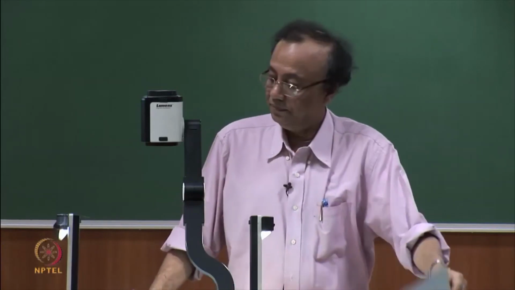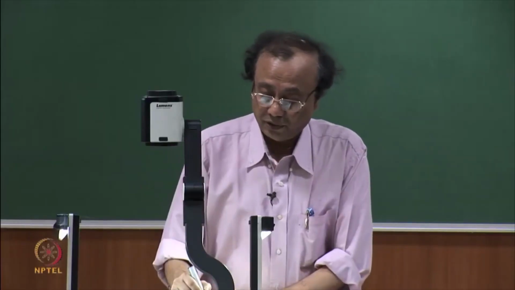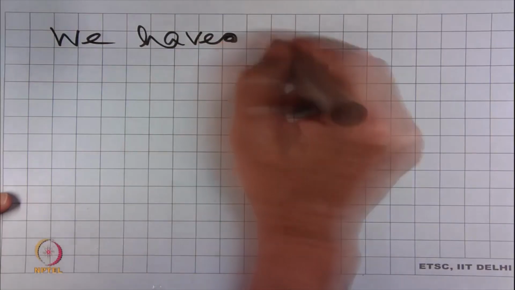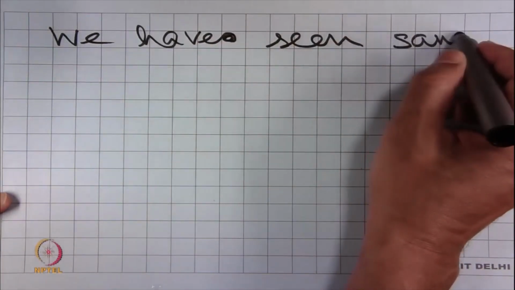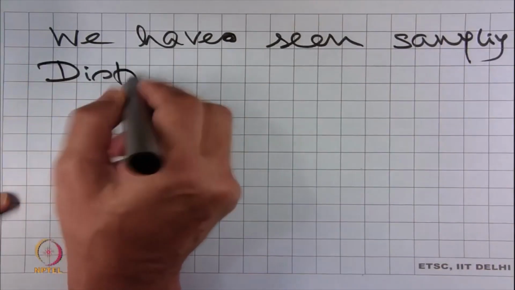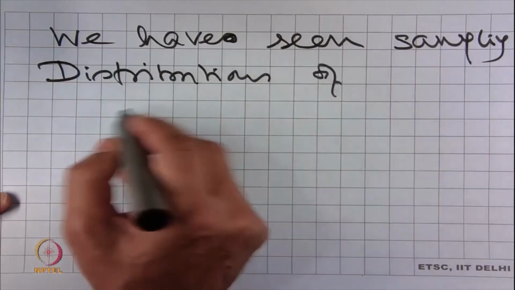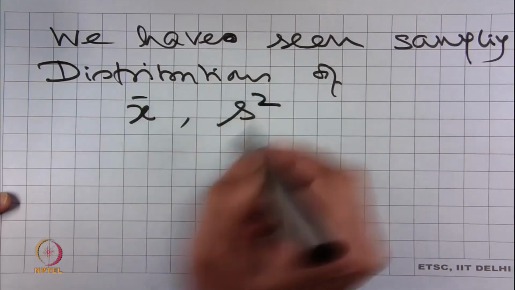If you remember, in the previous classes we have seen sampling distributions of x bar and s square.